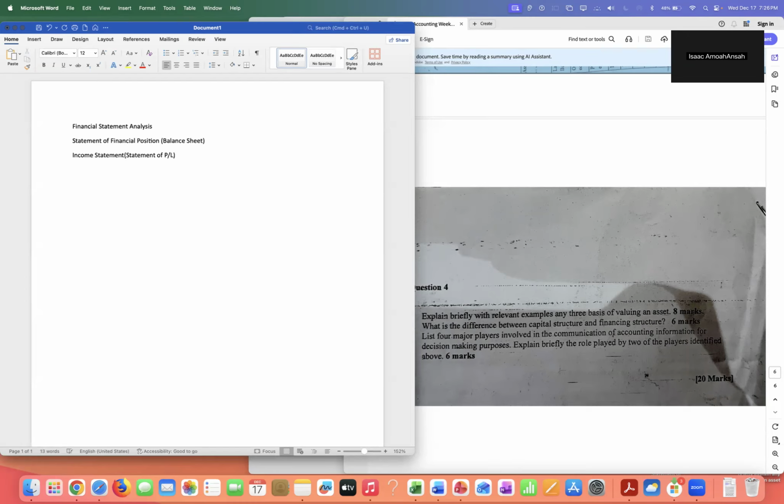These are the two key statements that we'll be using in performing the analysis.